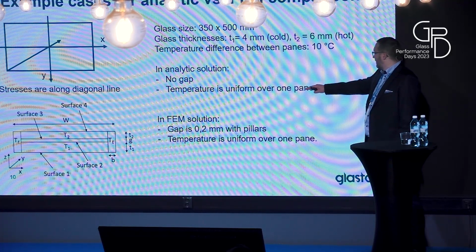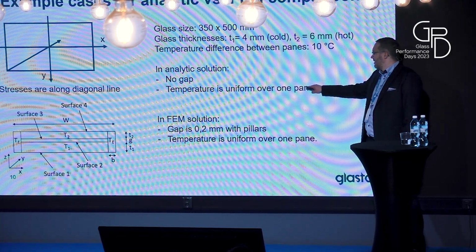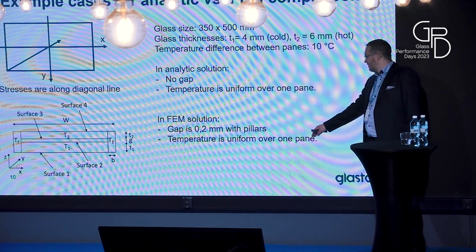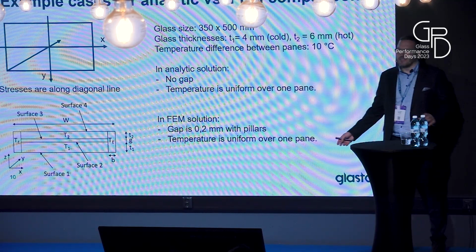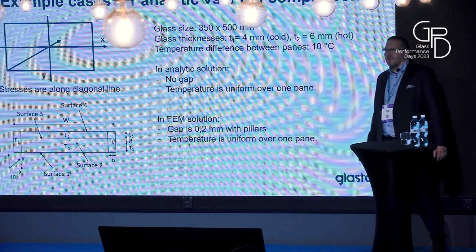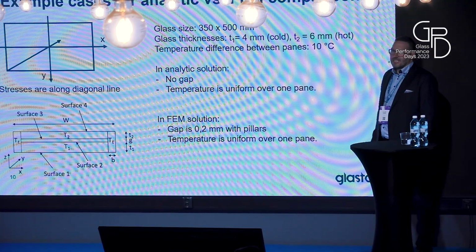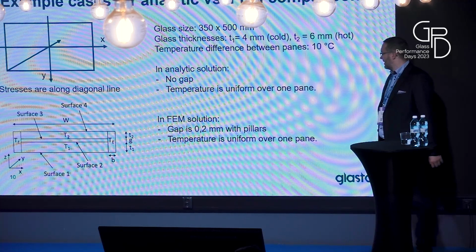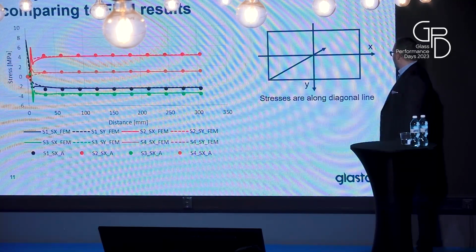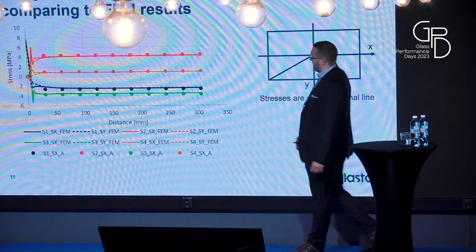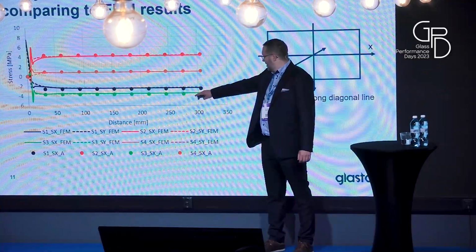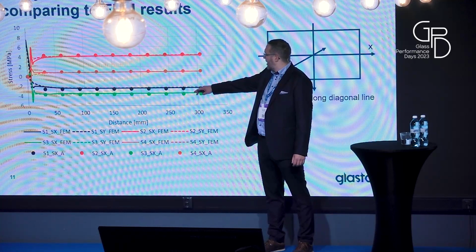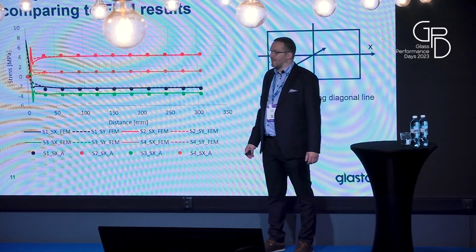But in these first cases, we use the same temperatures, uniform temperatures in both cases, so that it's kind of an extreme case where you have a really high heat transfer coefficient on the glass surface. And if we are looking at results for that, here with the dots are analytical solutions, and with lines, those finite element solutions.